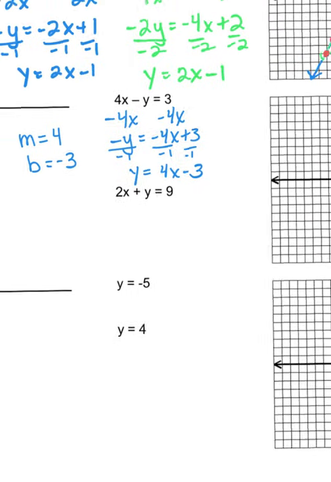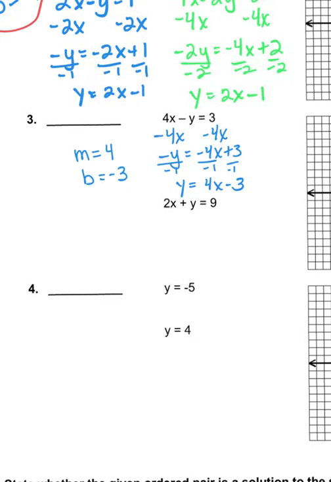Now let's do the second equation. I'm going to do this one in green. I'm starting out with 2x plus y equals 9. So minus 2x on both sides, and I'm left with y equals -2x plus 9.